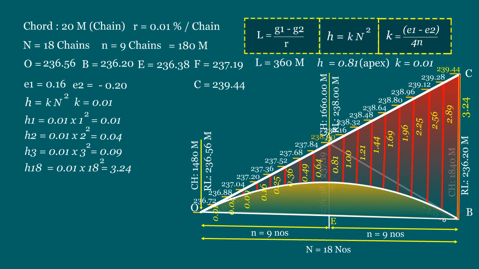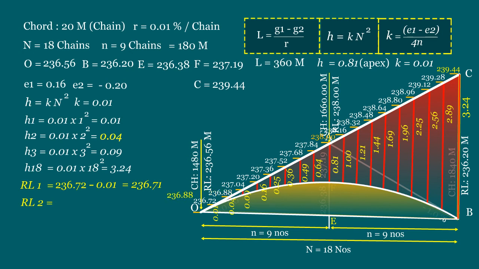Finally, we will start calculating the RL values on the parabolic curve. That is, value of elevation minus the tangent correction. First, we will find the RL value for first peg. That is, the elevation of peg number 1, 236.72, minus the tangent correction of first peg, 0.01. That gives the value of 236.71 meters. Next, we will find the RL value of second peg.